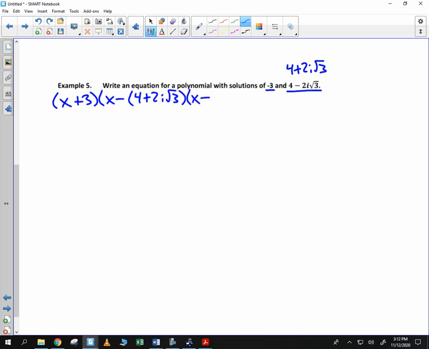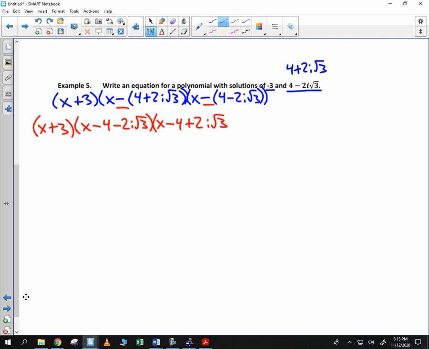And x minus parentheses 4 minus 2i roots of 3. I'm first going to distribute my negative. So I have a negative here, I have a negative here, I will distribute those. X plus 3 times x minus 4 minus 2i roots of 3, times x minus 4 plus 2i roots of 3.